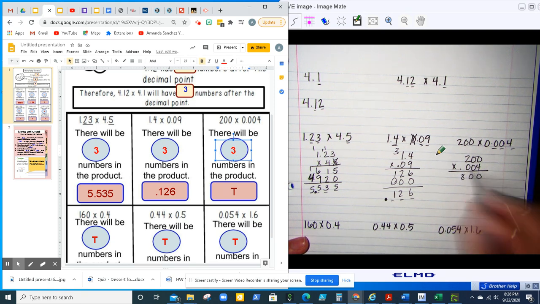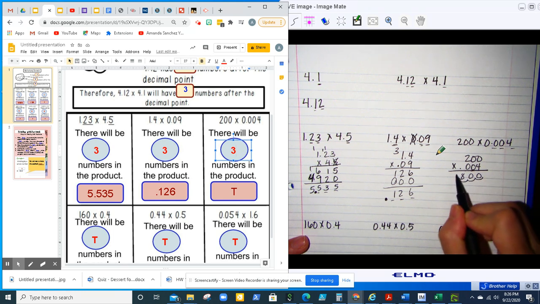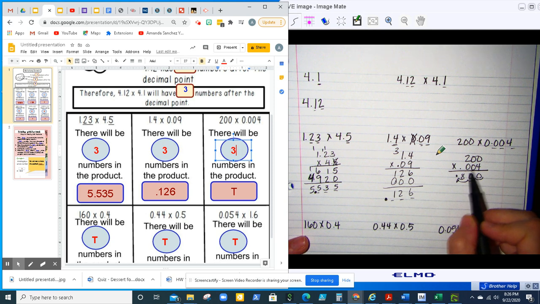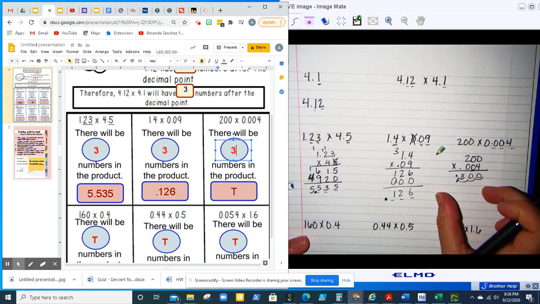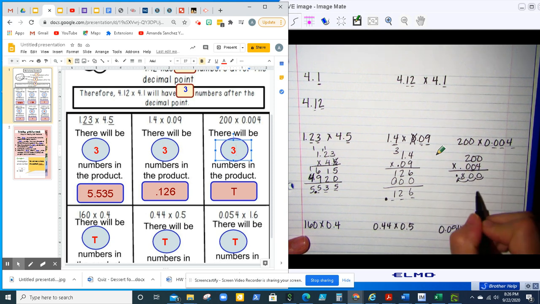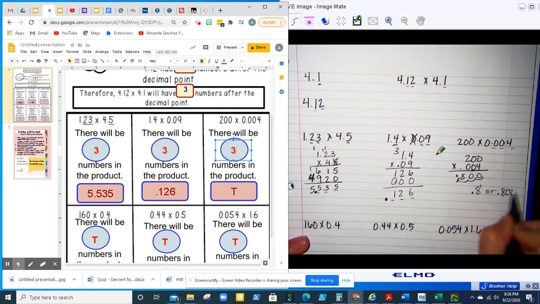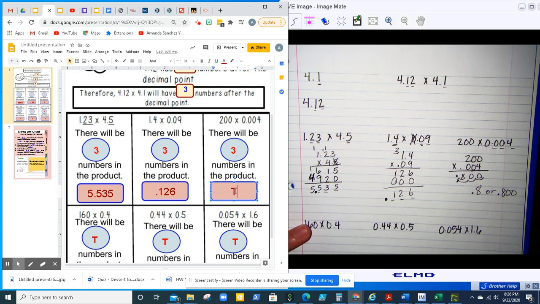And then you can multiply your zeros if you want to. But I know for sure that I should have 1, 2, 3 numbers behind my decimal. So even if I did my zeros, my answer is still going to look the same. So it's either going to be 0.8 or you could write it as 0.800. Either way, it's the same answer.